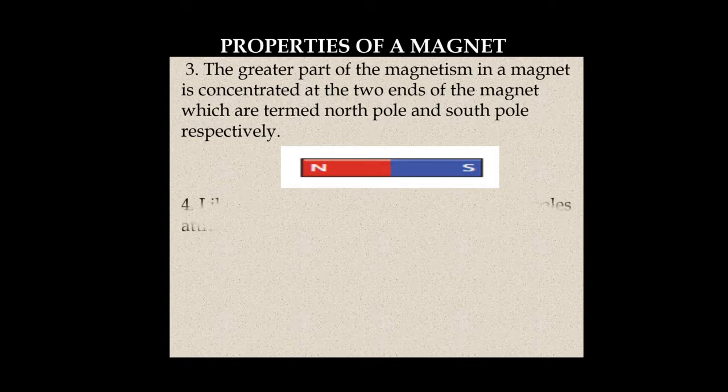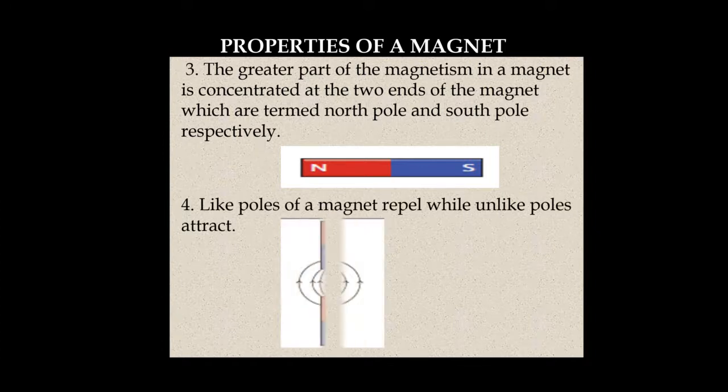And then the last one is that like poles of a magnet repel while unlike poles attract. Look at here. Here north and south pole, these two poles are different poles.